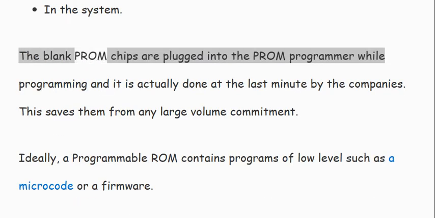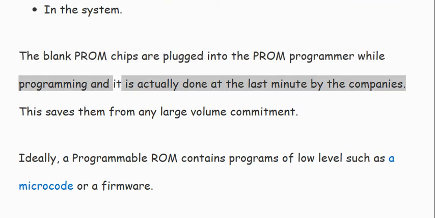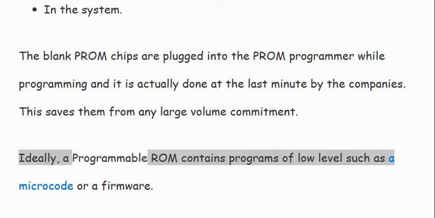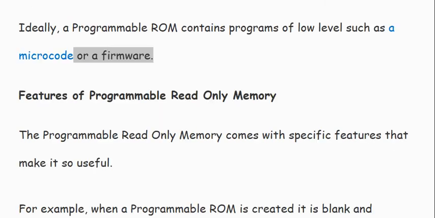The blank PROM chips are plugged into the PROM programmer while programming, and it is actually done at the last minute by the companies. This saves them from any large volume commitment. Ideally, a programmable ROM contains low-level programs such as microcode or firmware.